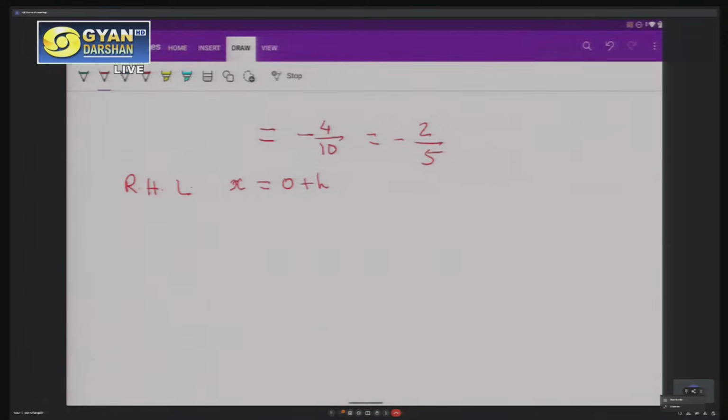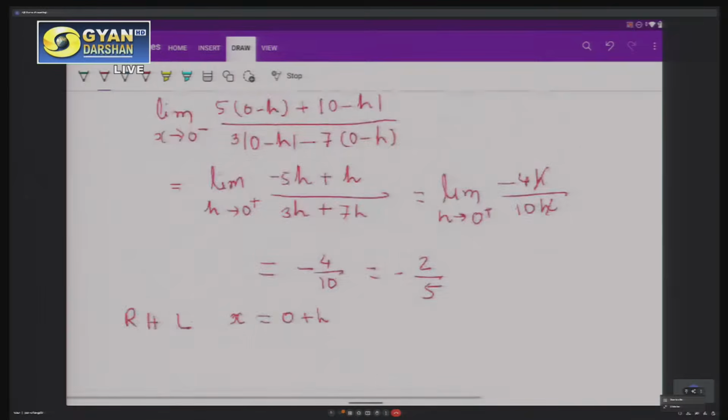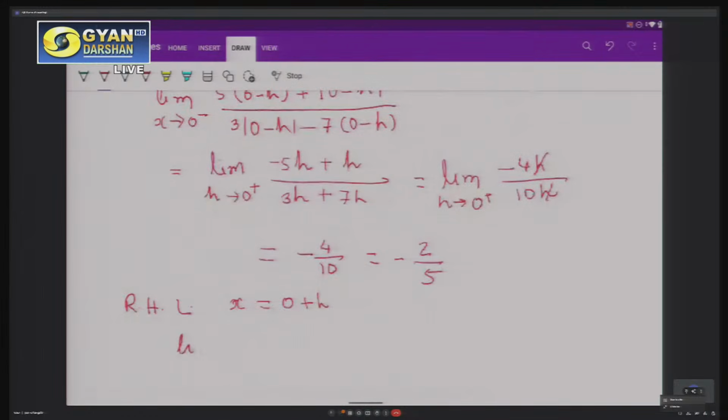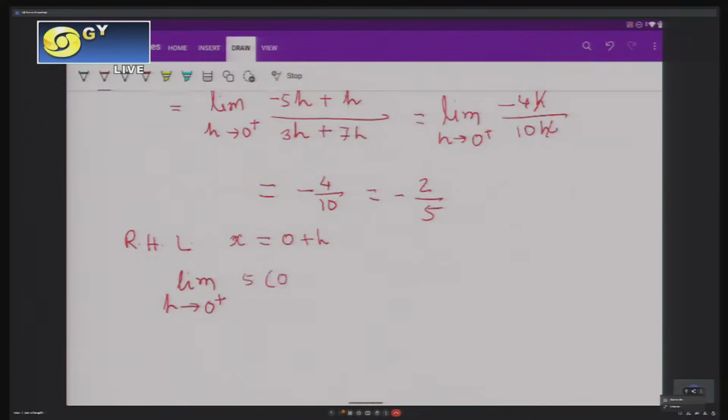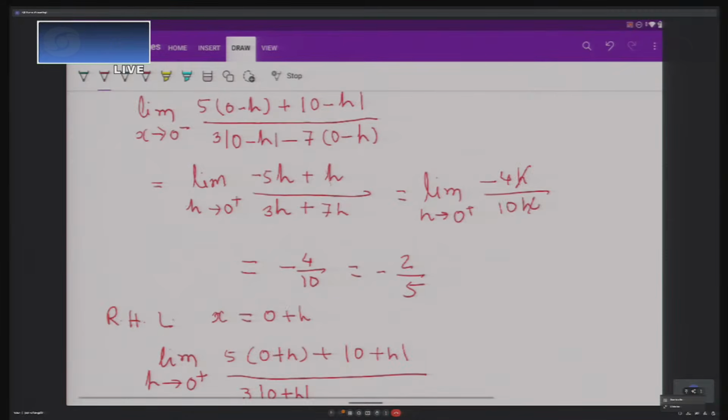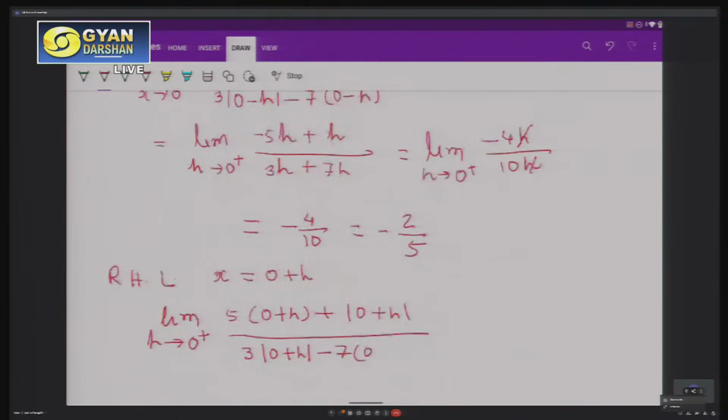So let us take the function limit h tends to 0 plus and 5x plus mod x, so 5 times 0 plus h, plus mod 0 plus h, divided by 3 mod 0 plus h minus 7x, minus 7 times 0 plus h.